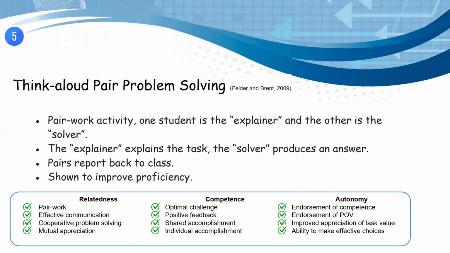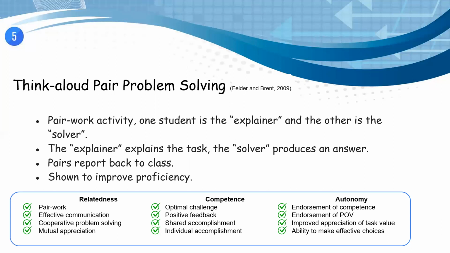So in this task, the pairs will be given a problem. The explainer will receive a handout with all of the necessary information to solve the problem. So it might be a short passage or a collection of information and a problem.